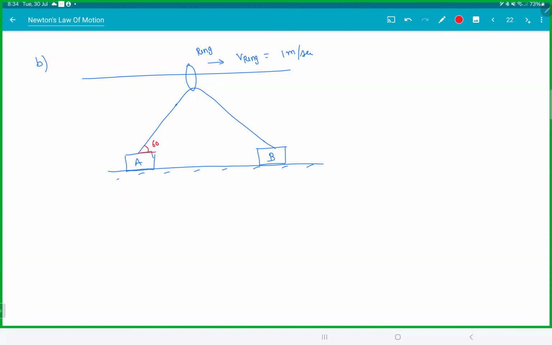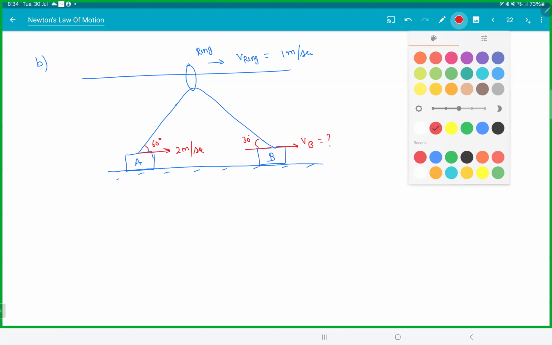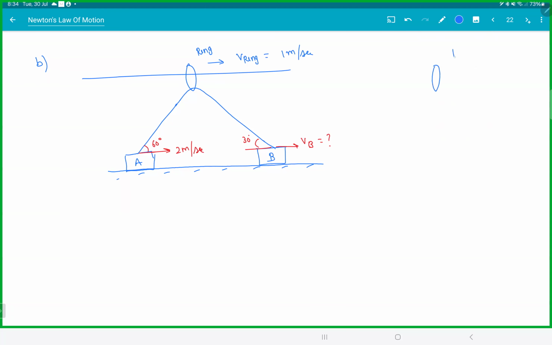This angle is 60 degrees and this guy is going with 2 meters per second. This angle is 30 degrees. VB, I don't know. If you look at the ring here, the string is passing through the ring. It is not tied to it. Find VB.